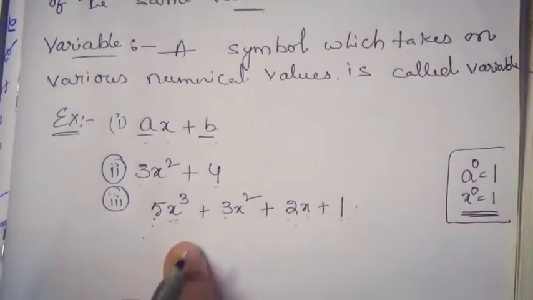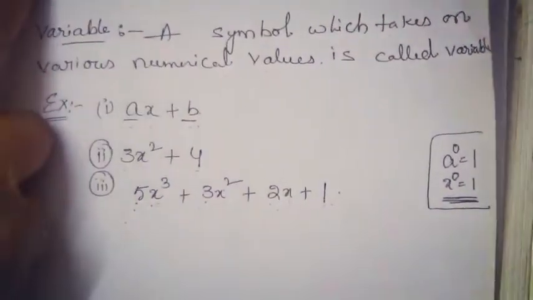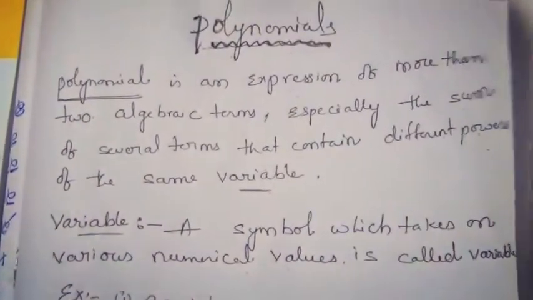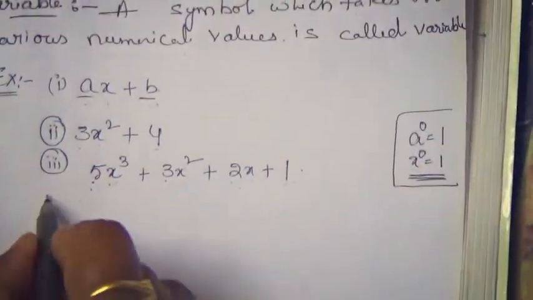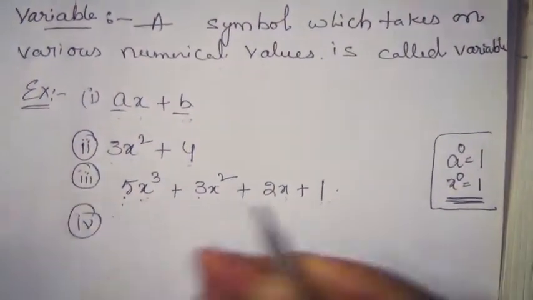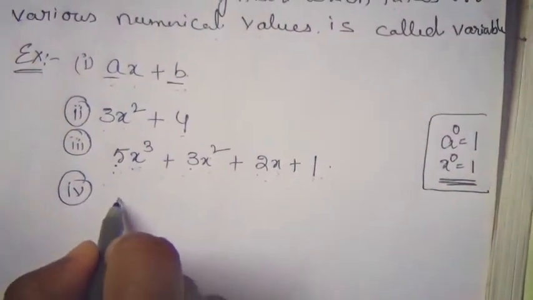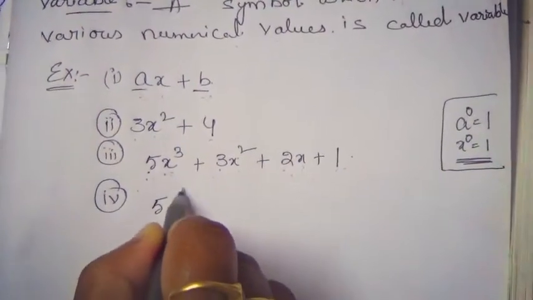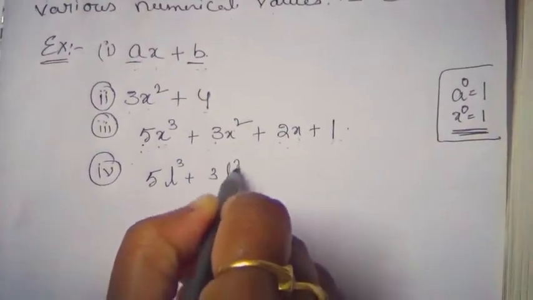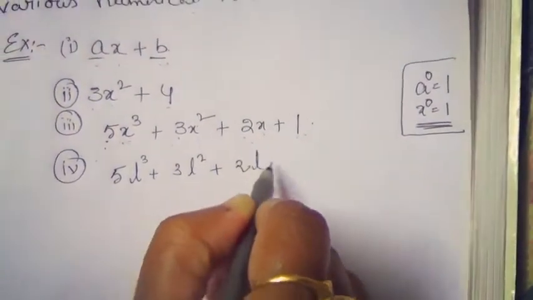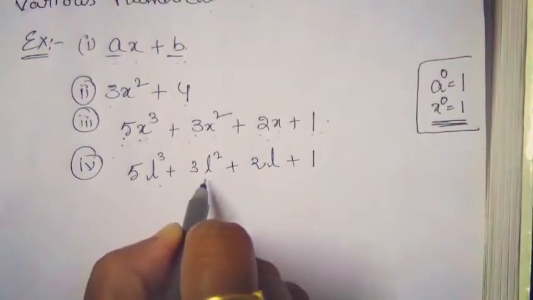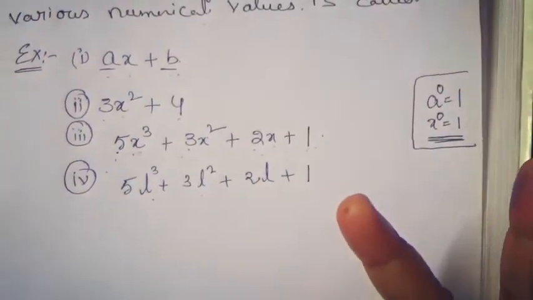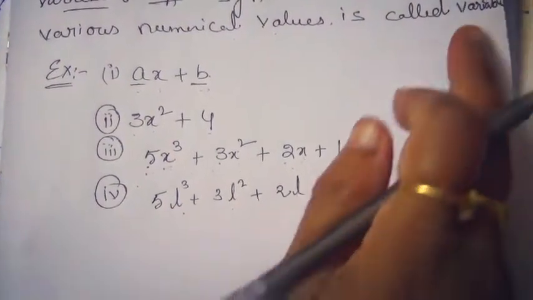That kind of expression we call polynomials. I'll give one more example in the same expression: L cube, 3L square, 2L plus 1. The variable you may change. So that is the variable.